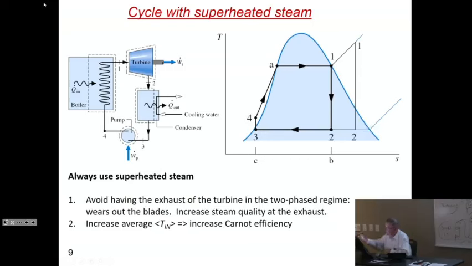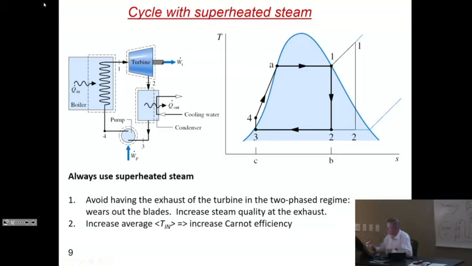We really want this transition from 1 to 2 to happen in the saturated vapor regime, because then our turbine works only on gas, and we avoid this erosion of the blades by having the turbine work on a mixture of gas and liquid, whereby liquid particles, droplets, impact the blades of the turbine and erode it until there's nothing left. So that's the most important reason to go to superheated steam.